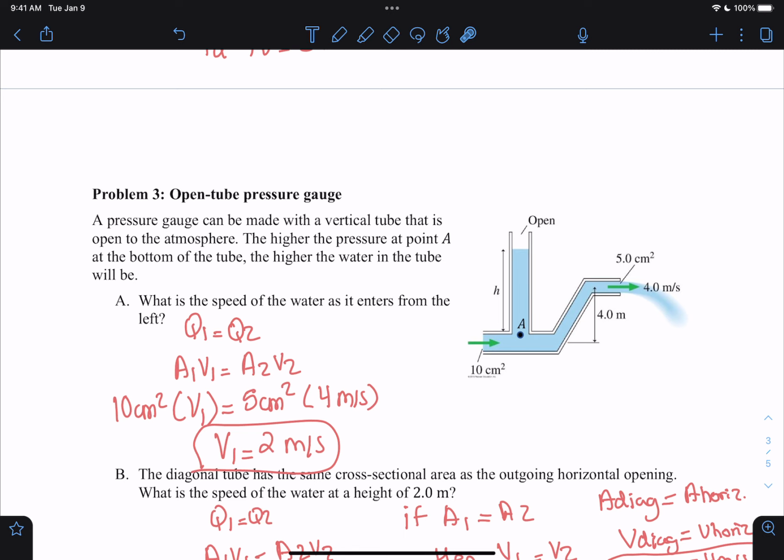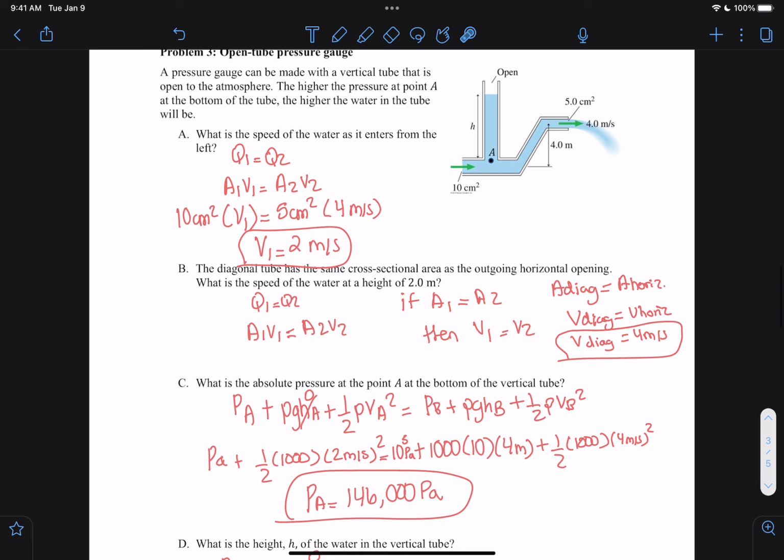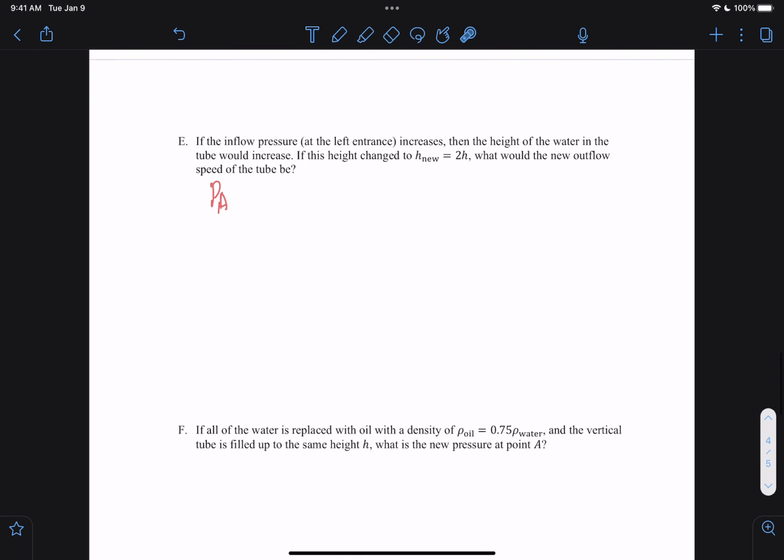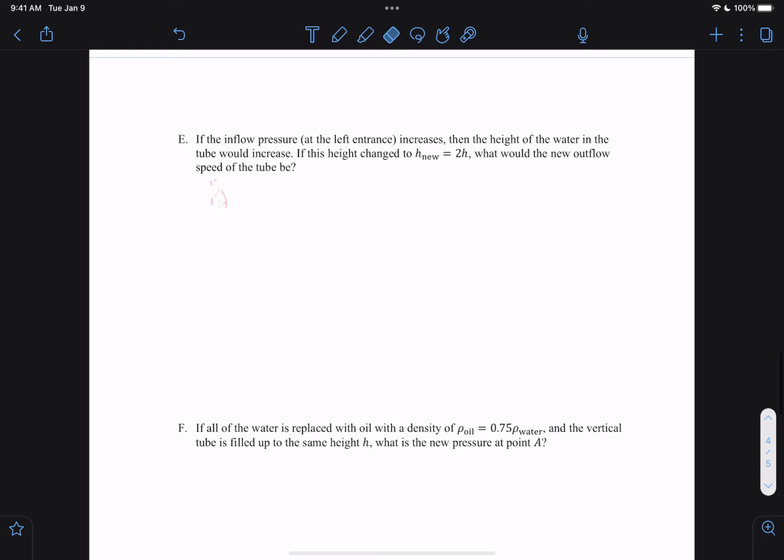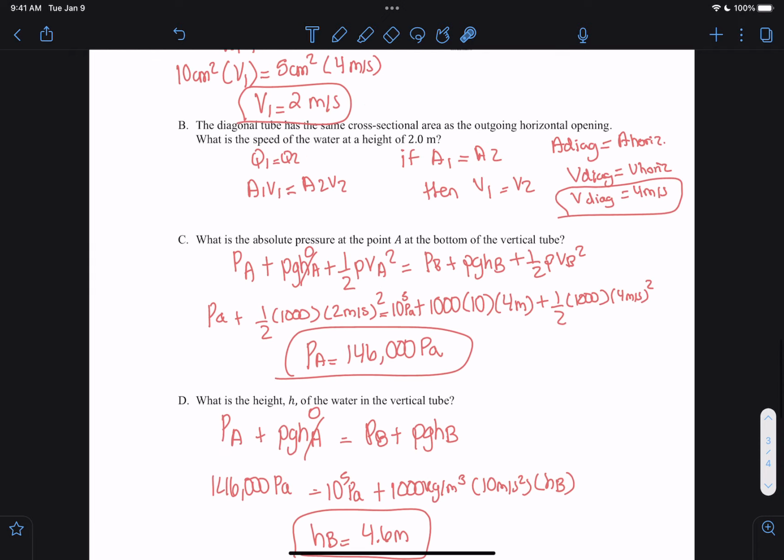That's the idea there. Now, the only issue is that if we don't know the speed at point B, then how should we know the speed at point A?